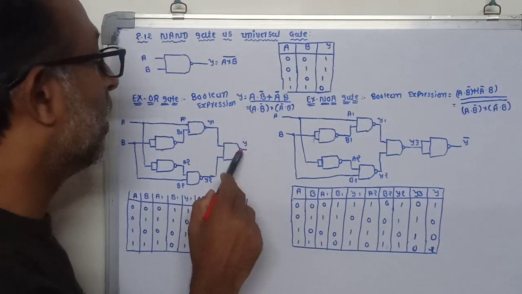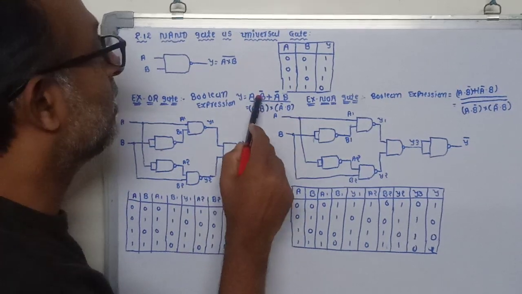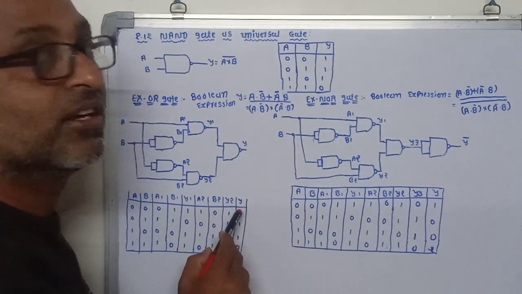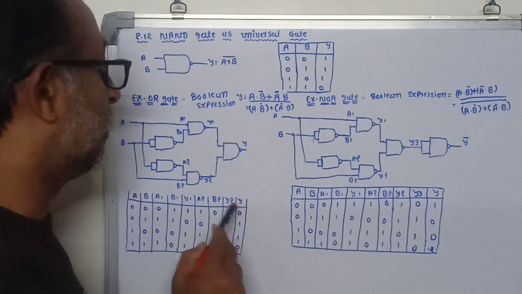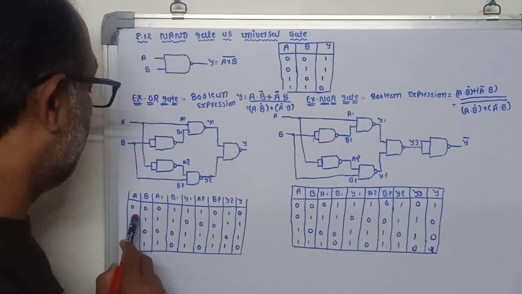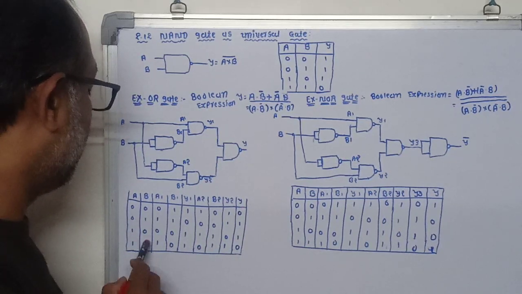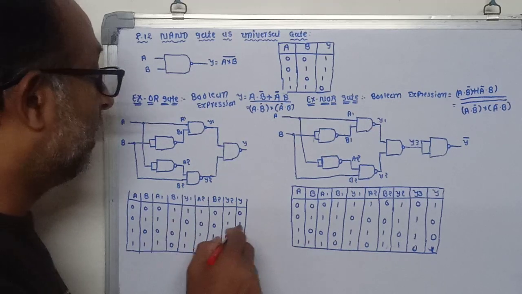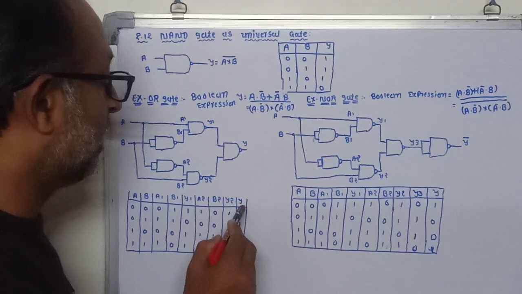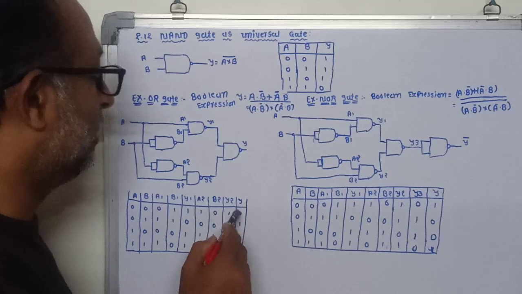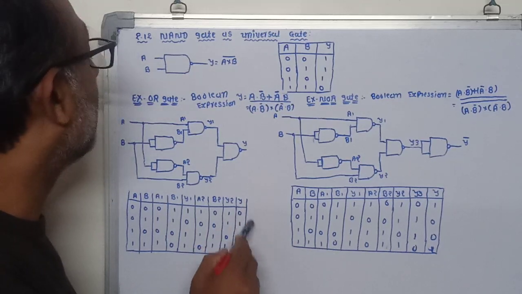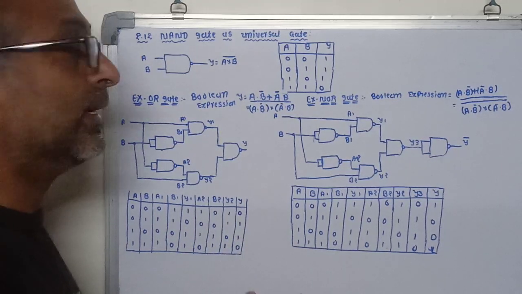Now 1 into 1 is 1, but it is barred, that means it is converted into 0. So you will get 0 output. Now you can check by putting the values 0 1, 1 0 and 1 1 and see the output. At that time you will get this output, and this is the output of the XOR gate.